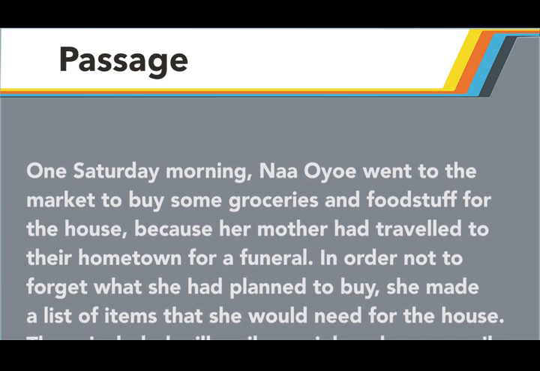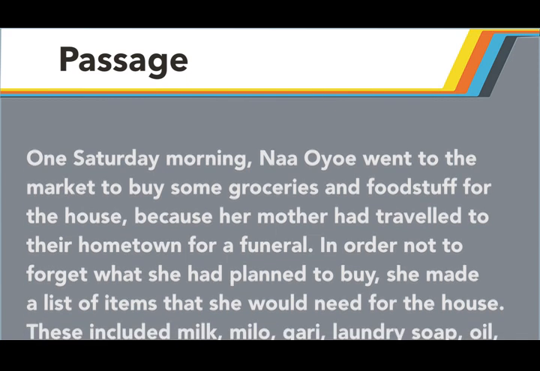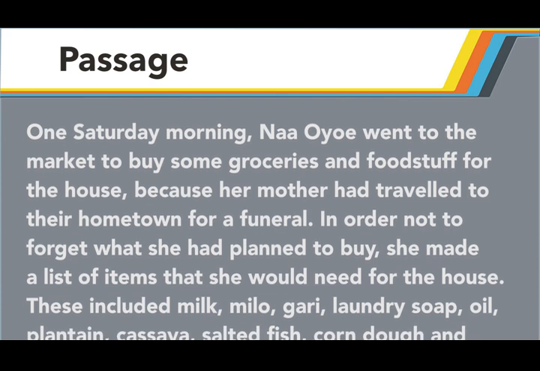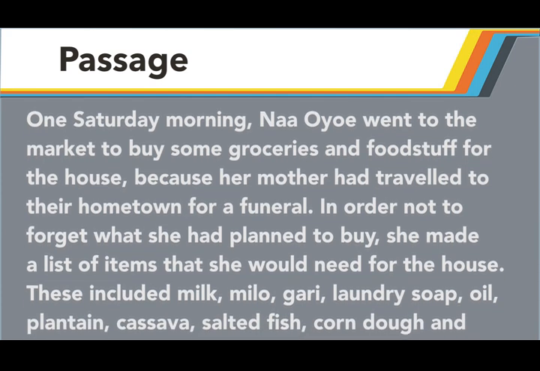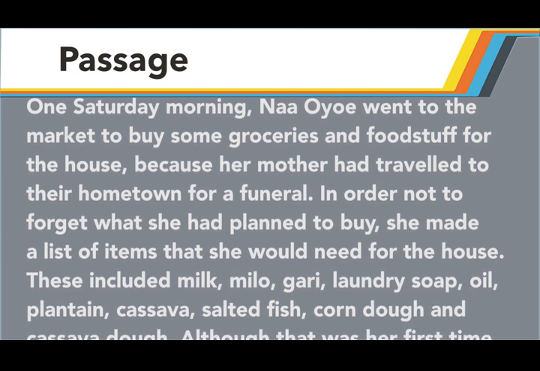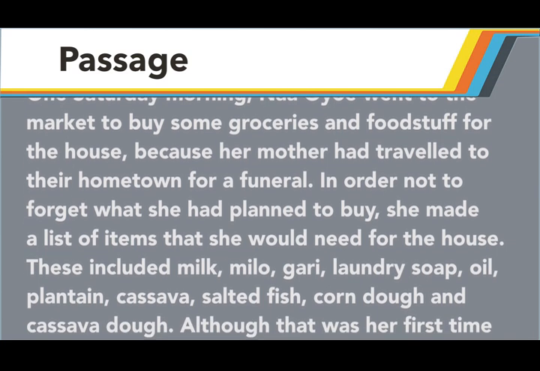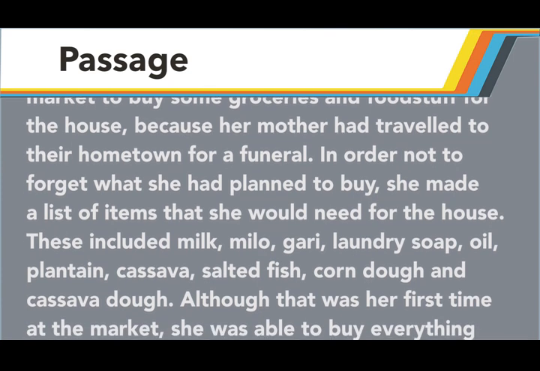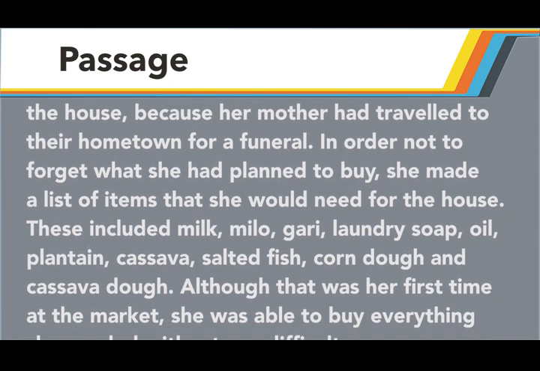In order not to forget what she had planned to buy, she made a list of items that she would need for the house. These included milk, Milo, gari, laundry soap, oil, plantain, cassava, salted fish, corn dough, and cassava dough.